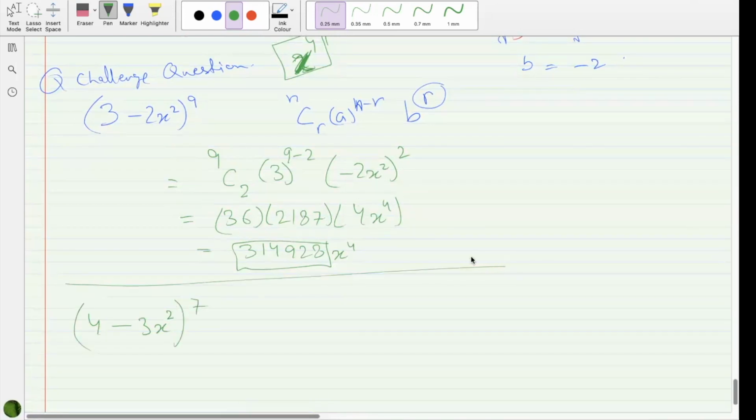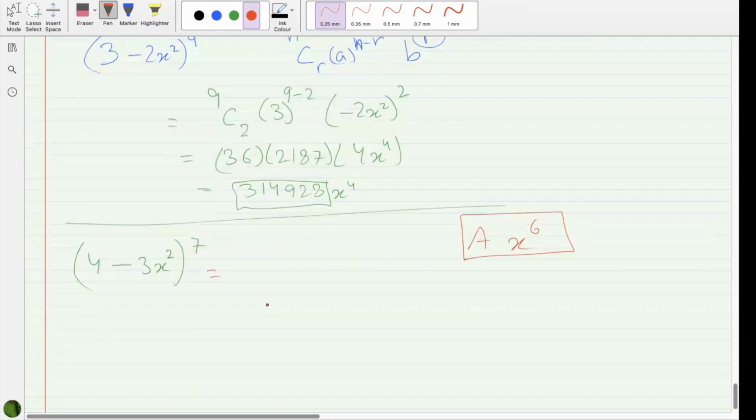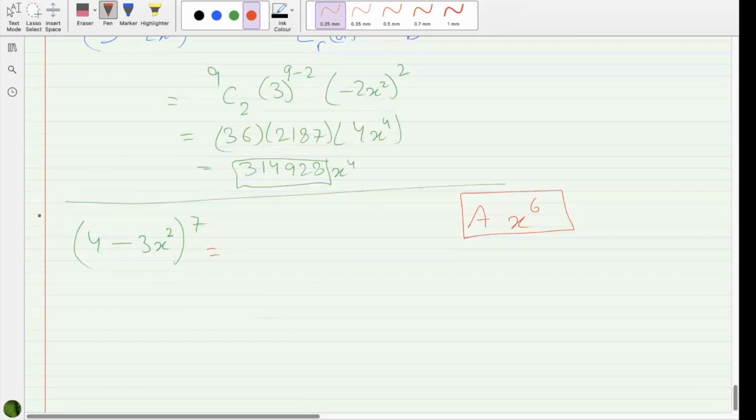You need to find the coefficient of x power 6. So you need to find the value of r. How will you do that? Is it a question you're setting for us? Yeah, just a practice question in a similar way. Oh, all right, sir. We have to get the coefficient of x power 6.